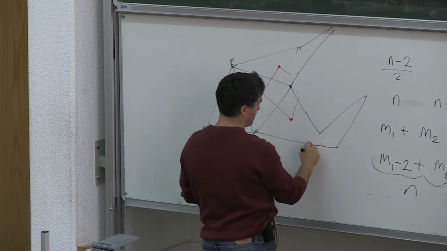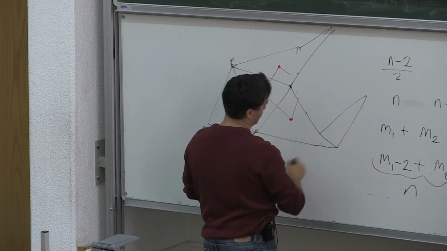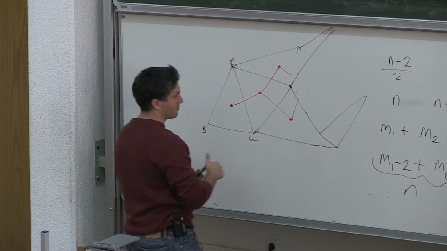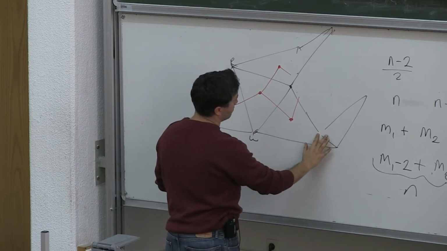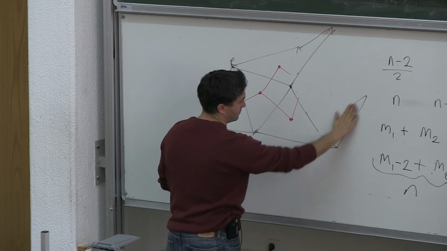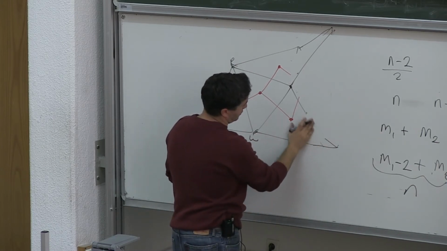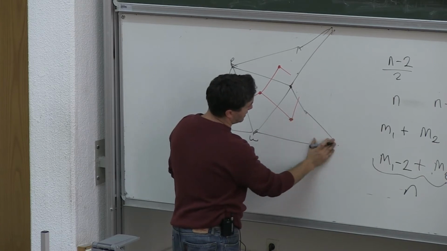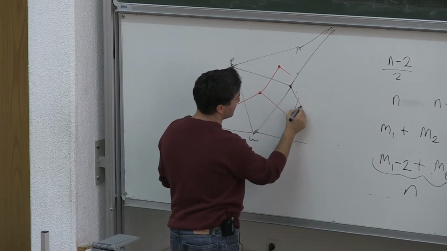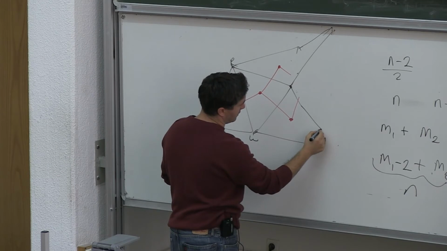And a diagonal is this. Let's also assume there are no collinear points, so let's have it like this.